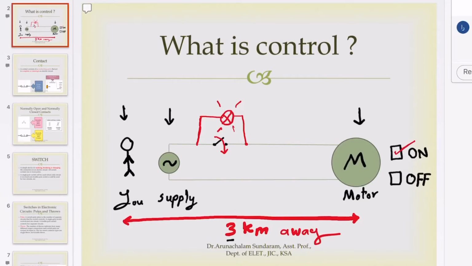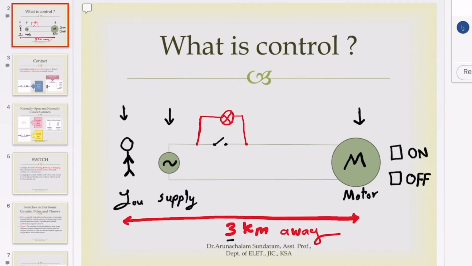Now, once I disconnect the switch, the motor will be off, and the lamp will be off.